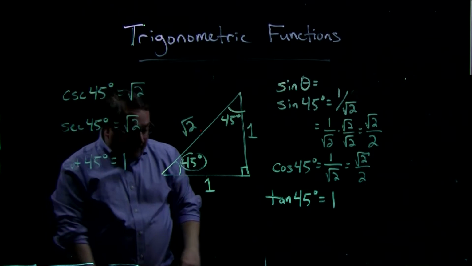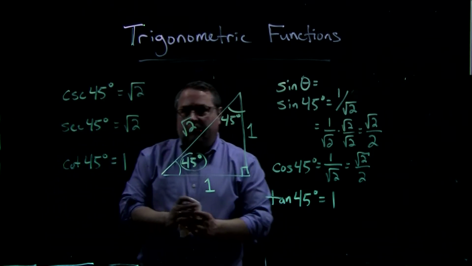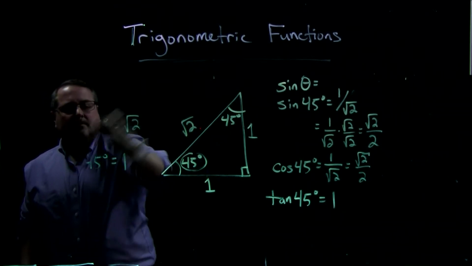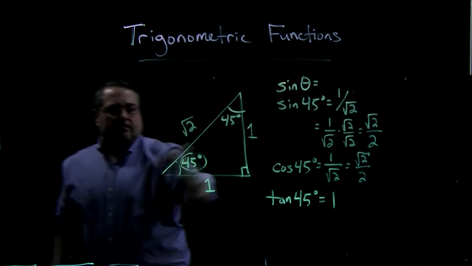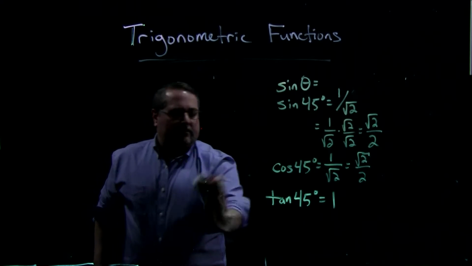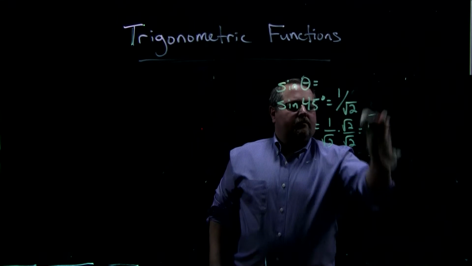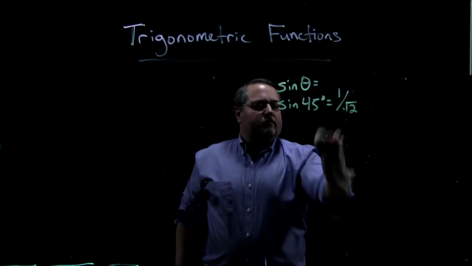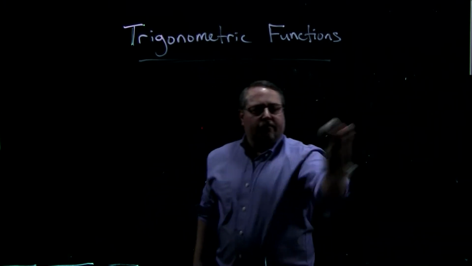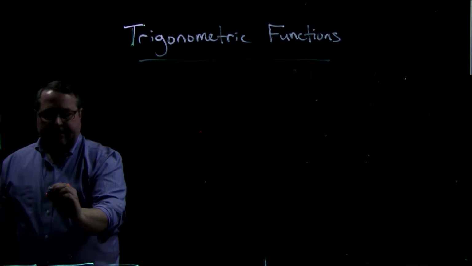Okay. Now we can do the same thing with our 30, 60, 90 triangle. Okay, so I'll remind you of the sides of the 30, 60, 90 triangle.